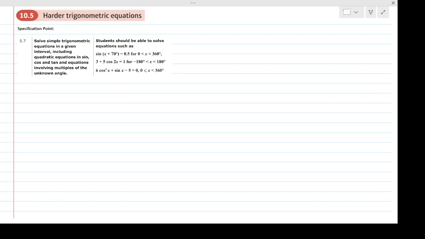As a strong reminder, hopefully you are fairly comfortable with solving equations such as sin x is minus a half, or cos x is root 2 over 2, or tan x is equal to 1. Remember, we looked at solving equations like this with trig functions to find the angle x last time.